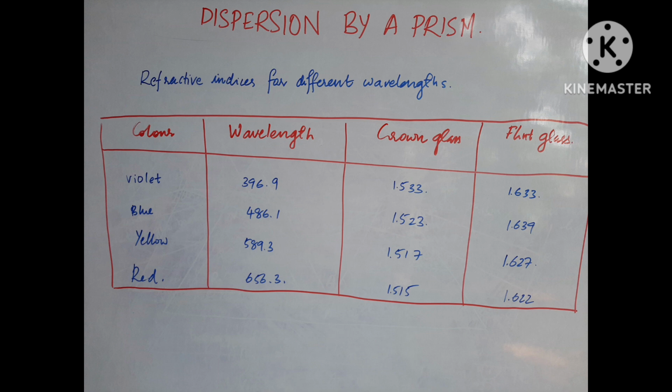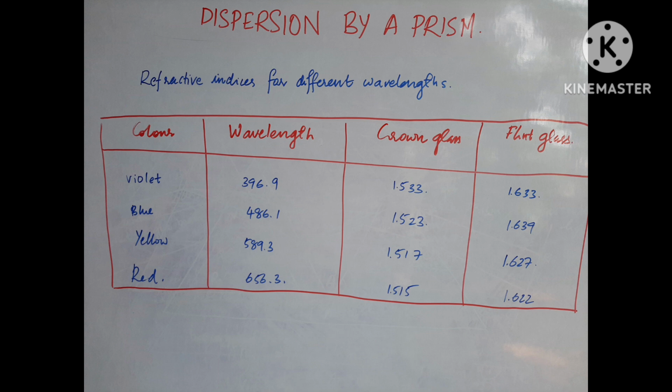This is shown in this diagram, where refractive index is equal to c by v. For red, v is greater, so refractive index is less. For violet, v is less, so refractive index is more. So this is just in proportion.